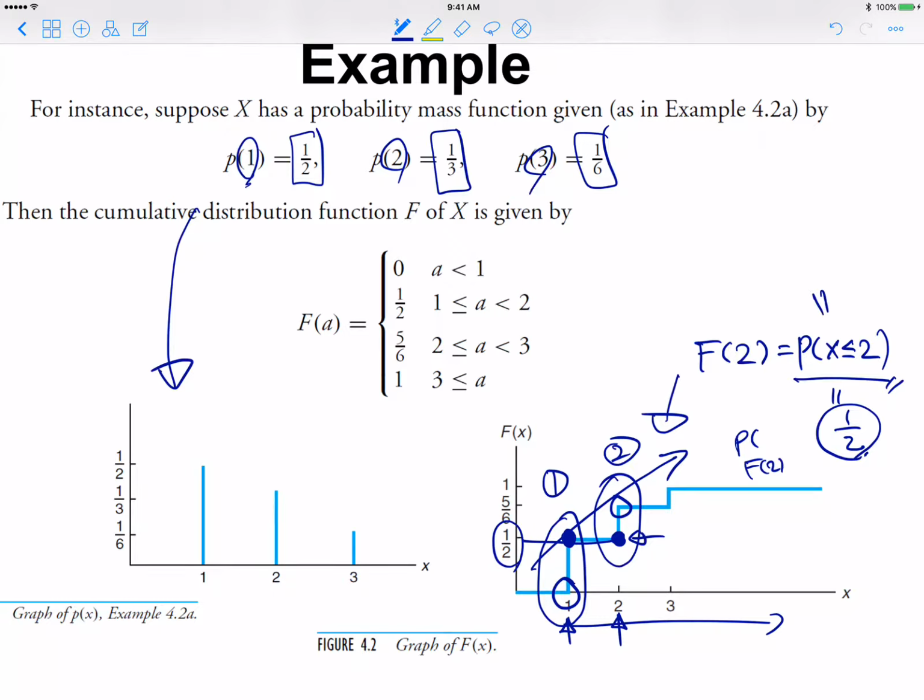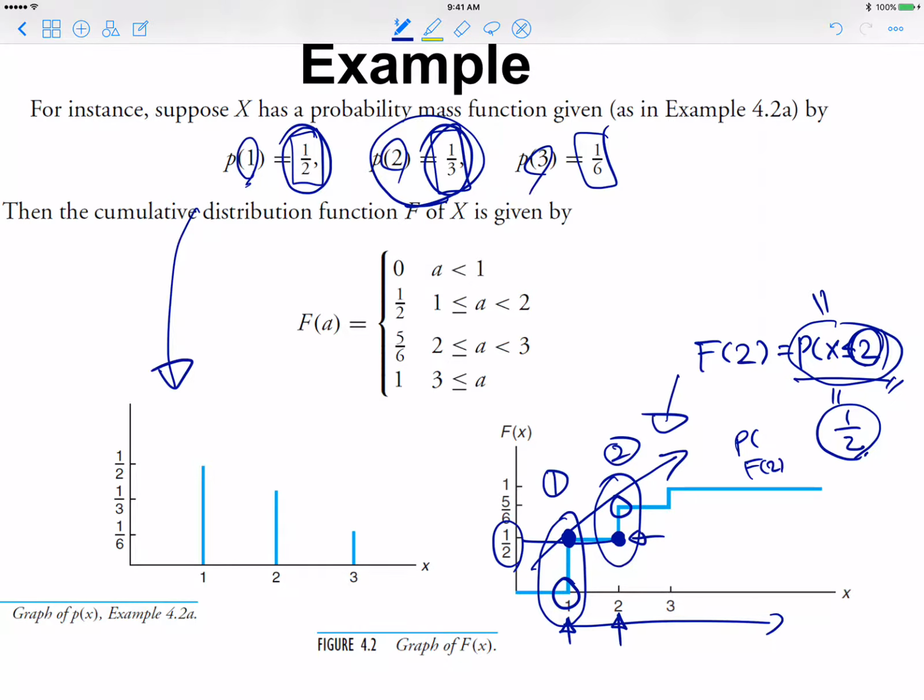Is it correct or not? So the question is, when computing this, should we just use that value only, or should we add these two together? Because it contains the case of exactly being 2, right? So yes, this should be added together.